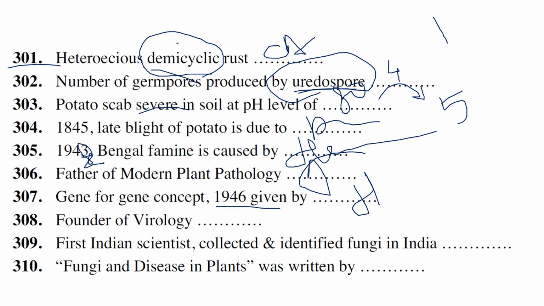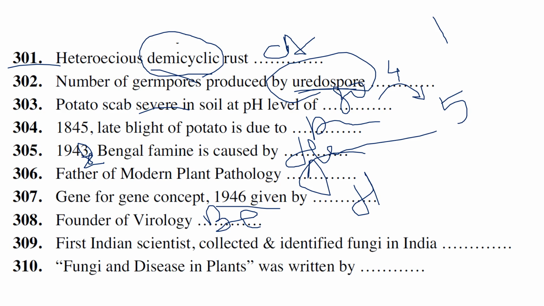Founder of virology: the term virus was coined by Beijerinck, who also gave the meaning of virus, which we now know as poison, venom, or slimy liquid. And the mosaic disease of tobacco was first shown to be caused by tobacco mosaic virus. That is also told by Beijerinck only.